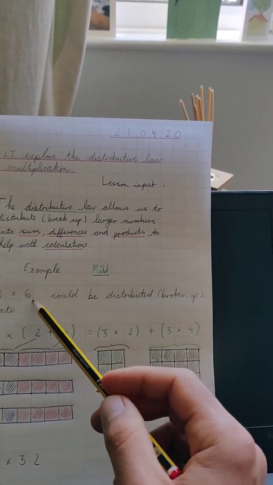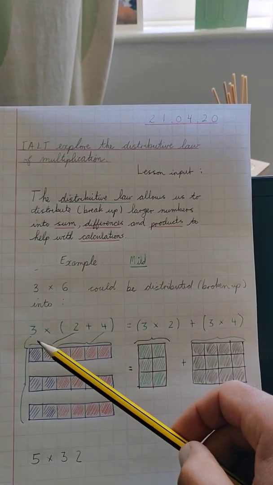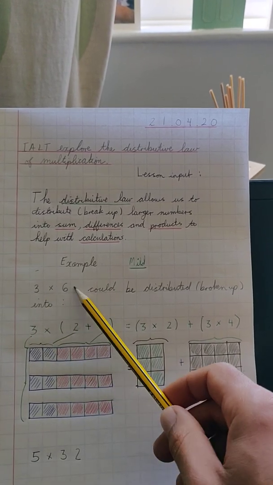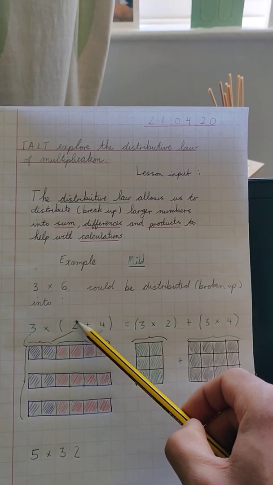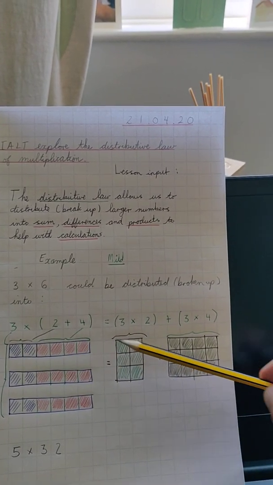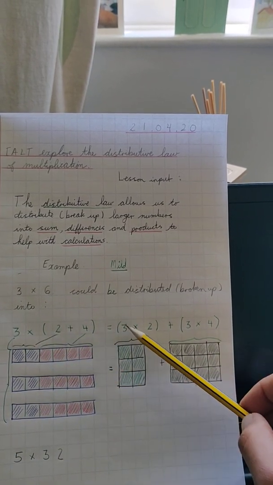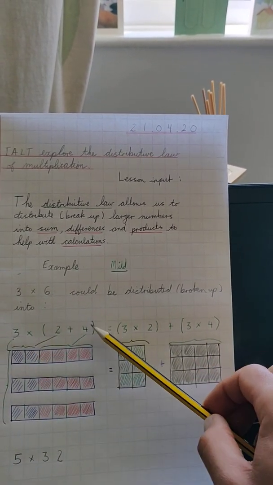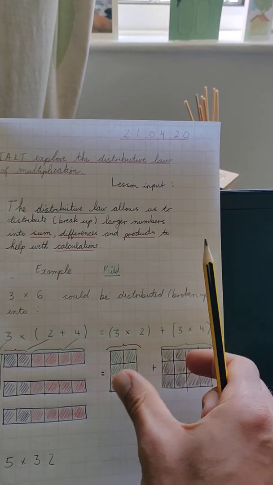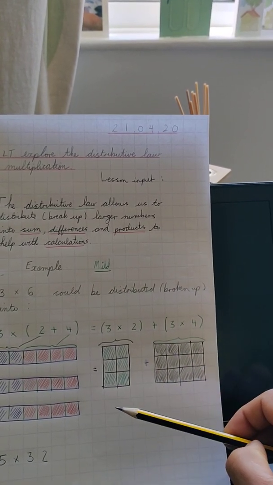Actually, if we want to call each component by its mathematical name, we have one factor here, we have another factor here. We broke up or distributed the larger factor into 2 and 4. And then I just multiplied my 3 lots of 2 and my 3 lots of 4. And then I needed to add them together to get my answer.